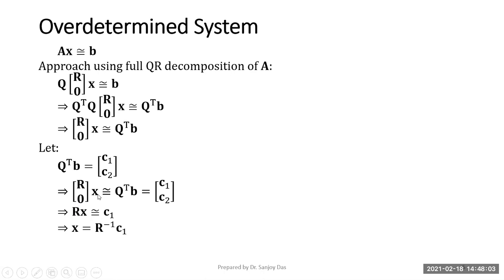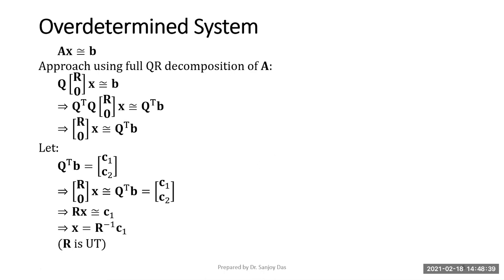We're multiplying 0 with X, and here we have C2, and 0 and C2 on this side. That's why we have this approximate. We cannot make 0 equal to C2. Okay, but anyway, this is the method. What we are doing is we're simply ignoring these elements C2, the second block of Q transpose B, and we are solving X equals R inverse C1 using back substitution. Okay, any questions so far?